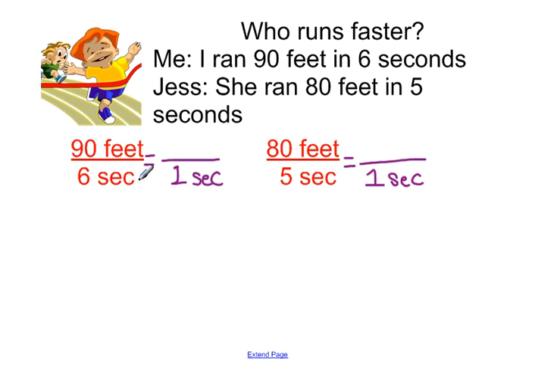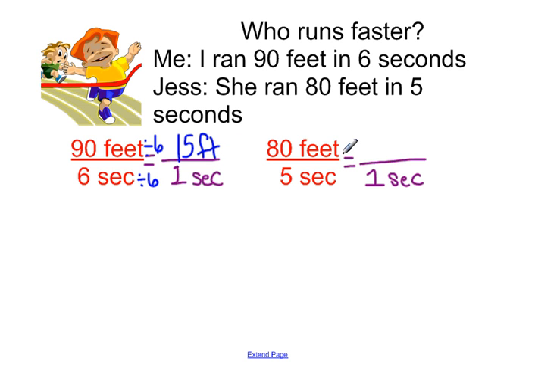Well, I must have divided by 6. 6 divided by 6 will give me 1, means I have to do that same thing on the top. And when I do 90 divided by 6, I'll find that 6 goes into 9 one time with 3 left over, and 6 goes into 30 5 times. So my unit rate is 15 feet in 1 second. In 1 second, I was able to run 15 feet.